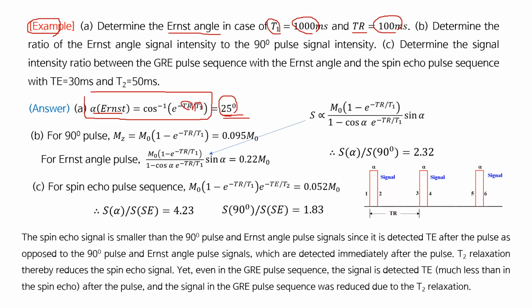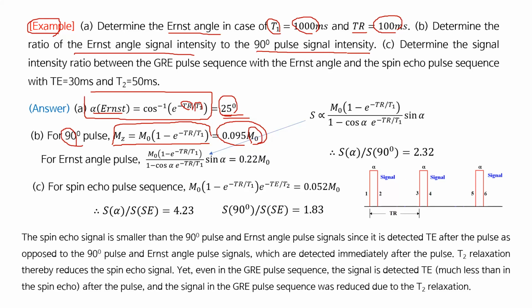Next question. Determine the ratio of the largest angle signal intensity to the 90-degree pulse signal intensity. For the 90-degree pulse, mg equals about 0.095 m0.